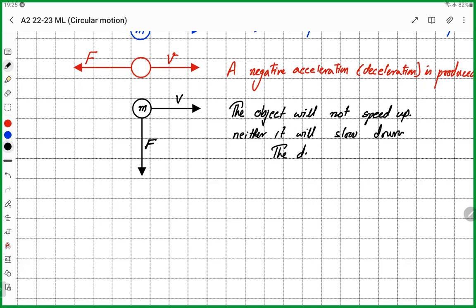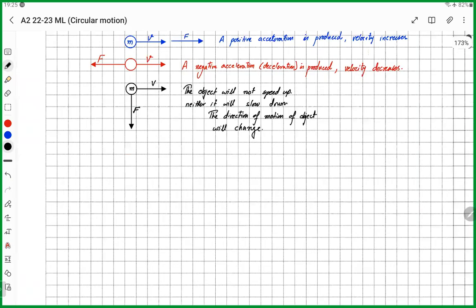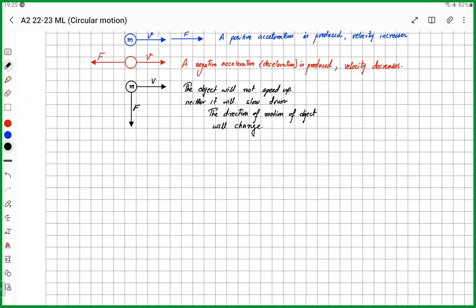The direction of motion of the object will change. So instead of going where it was going earlier, the object might start to go there.